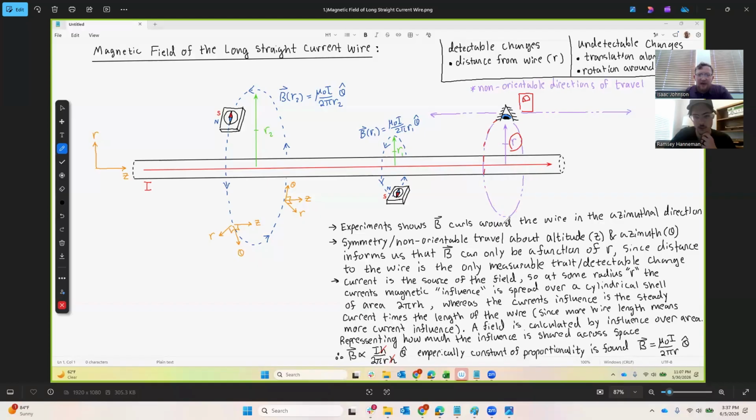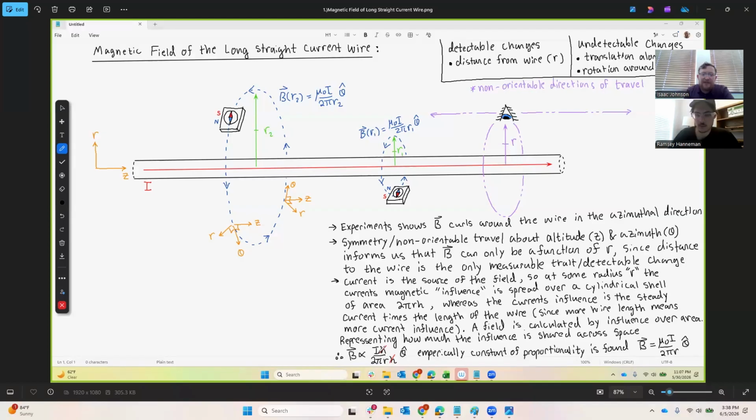So in that case, my argument for why the field has to fall off in this particular way is because the B field is really the density of magnetic influence spread over a cylinder in this case. So the source of the B field is the current, and it's feeding every part of a cylindrical shell around it.